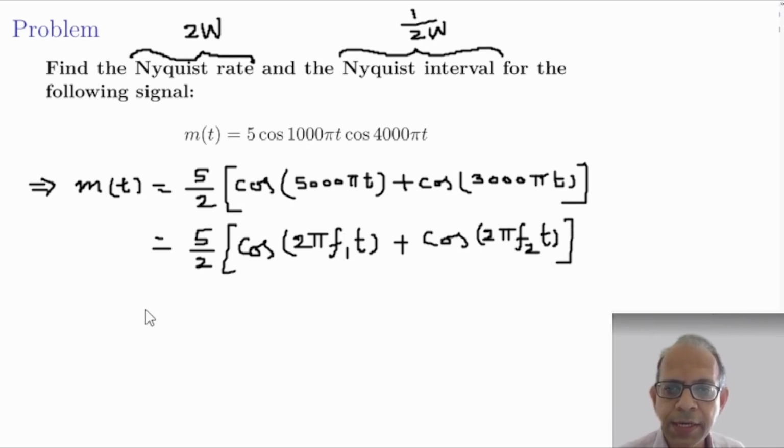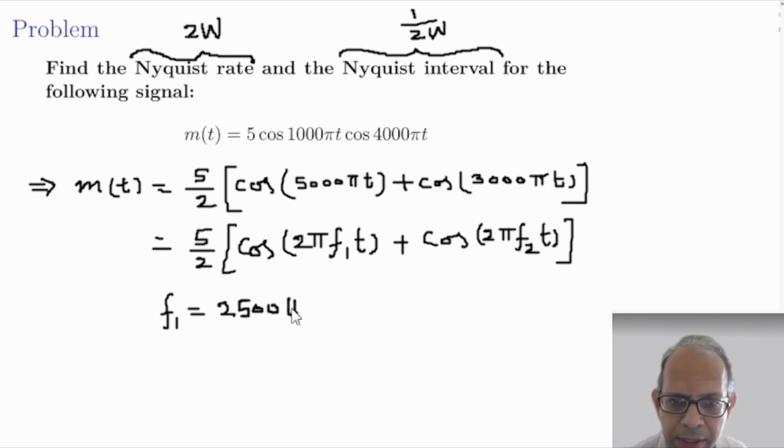By comparison, it's clear that f1 is equal to 2500 hertz, and f2 is equal to 1500 hertz.